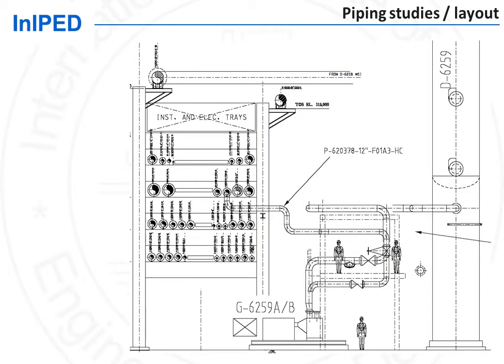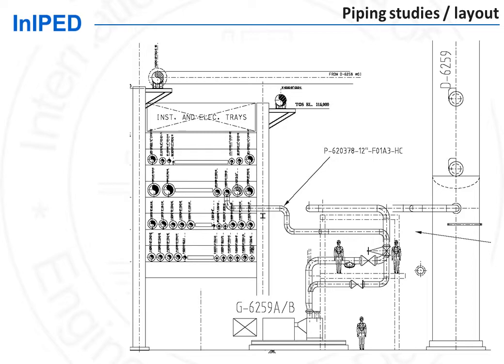Other requirements that are taken into account while doing the piping studies include the flexibility of the lines. The layout of lines must provide enough flexibility so that the line can deform when subject to thermal expansion without being subject to excessive stress or without subjecting the equipment nozzles it connects to excessive forces.